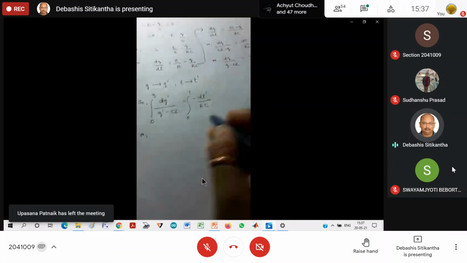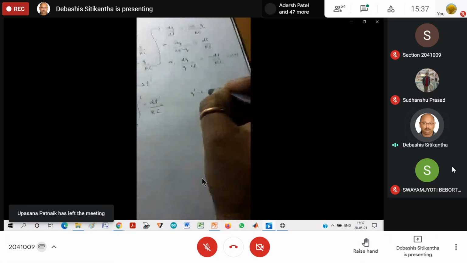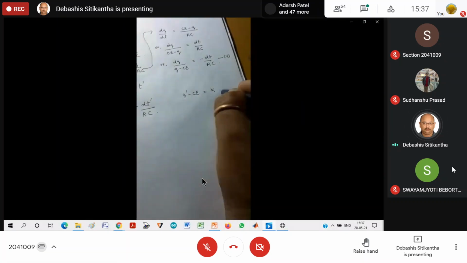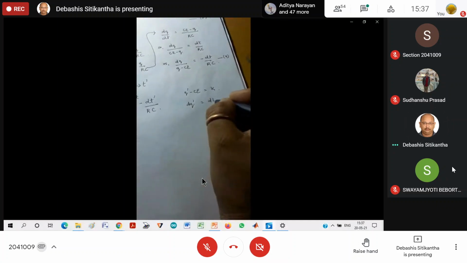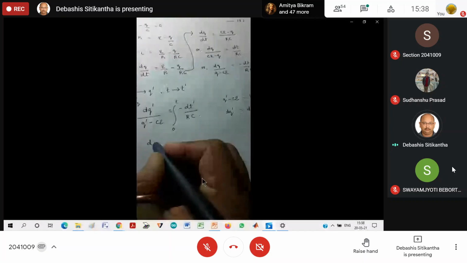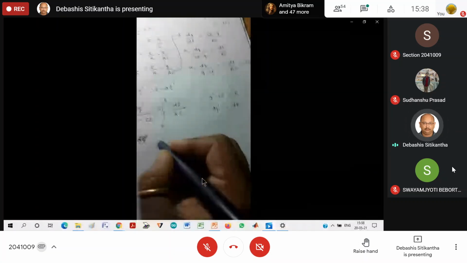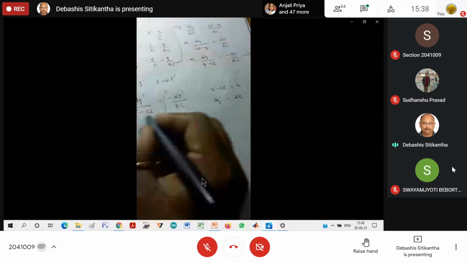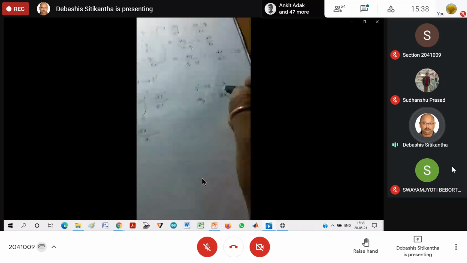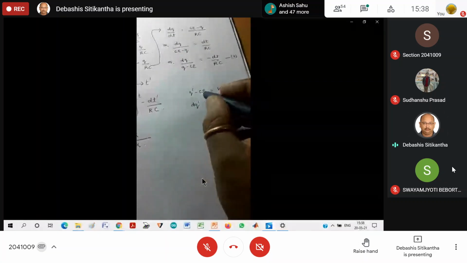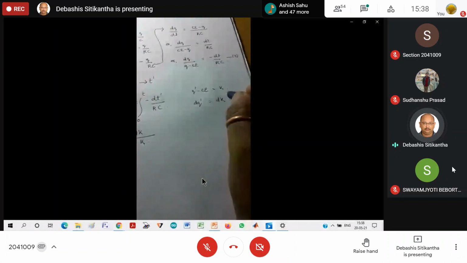Now let us say Q dash minus CE is equal to K, so dq dash is equal to dk. I will replace this dq dash by dk and this entire denominator by K. Obviously, when I substitute Q dash minus CE with K, there will be a corresponding change in the upper and lower limits.